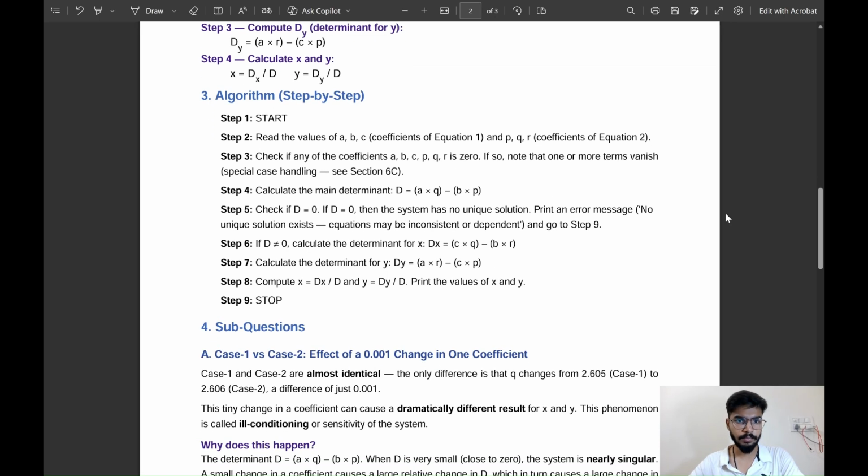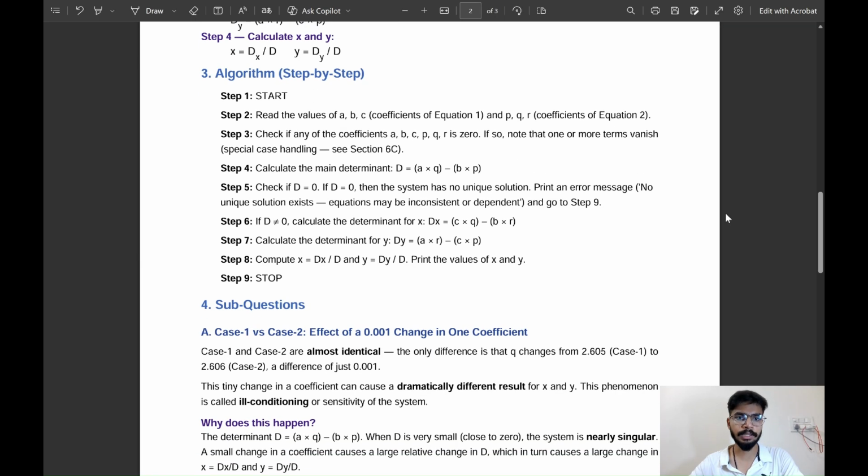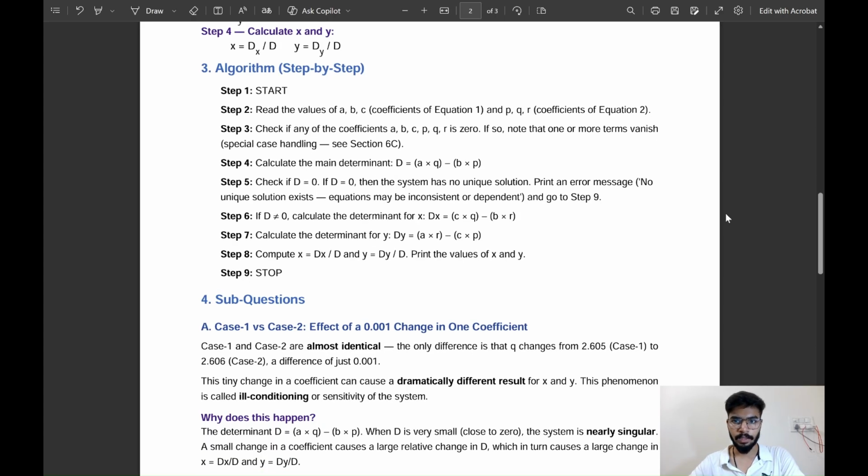In step 4, we will calculate the main determinant D. In step 5, we will check whether D is equal to 0 or not. If it is, then it has no unique solution and we will print an error, and we will directly move to step 9, that is our stop.